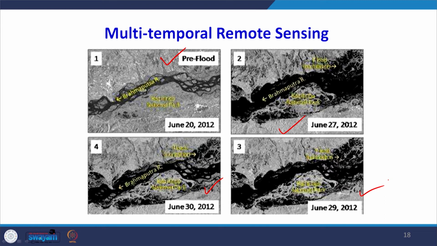You can see how much area is affected by the Brahmaputra river, which before the flood was confined to a particular area, and now a very large area has been damaged, and how this flood water is spreading in the surrounding regions and creating havoc and damage. So damage assessment can be carried out.